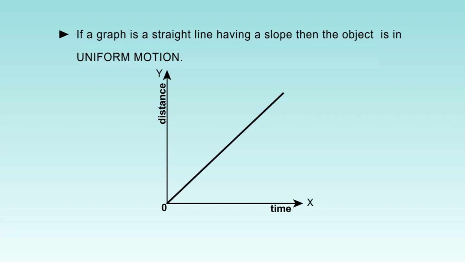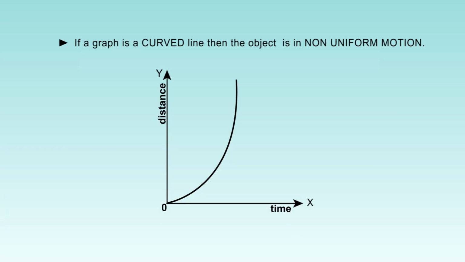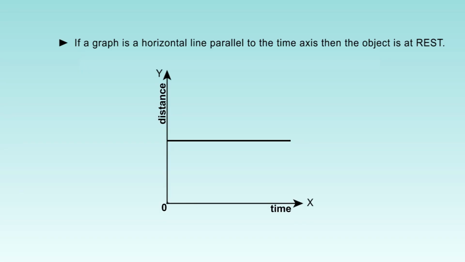So, we can conclude if a graph is a straight line having a slope, then the object is in uniform motion. If the graph is a curved line, then the object is in non-uniform motion. If the graph is a horizontal line parallel to the time axis, then the object is at rest.